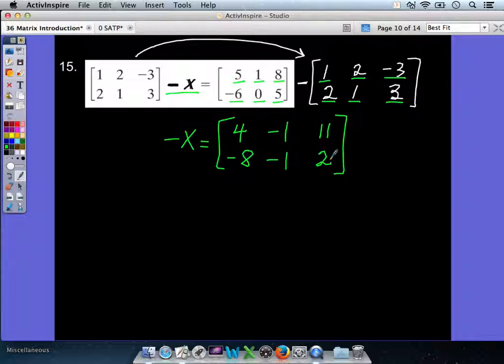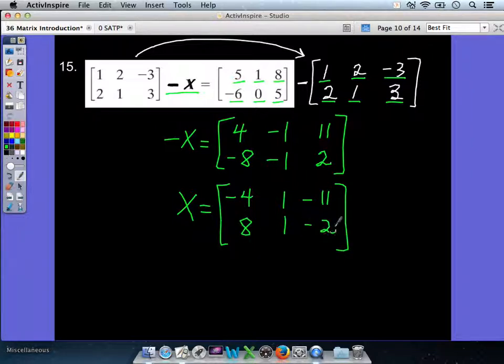Now the question we're trying to answer is to solve for x. Find that matrix, not negative x, but just x. There are 2 ways to look at this. I can divide both sides by negative 1, or I can multiply both sides by negative 1. However you view it, all the signs are going to change. So this matrix, when I divide it by negative 1, becomes a positive x, and all the signs in here change, from positive to negative, or negative to positive.